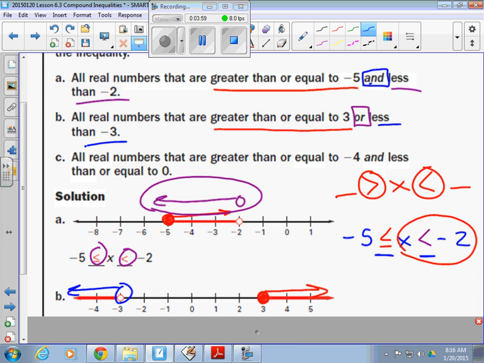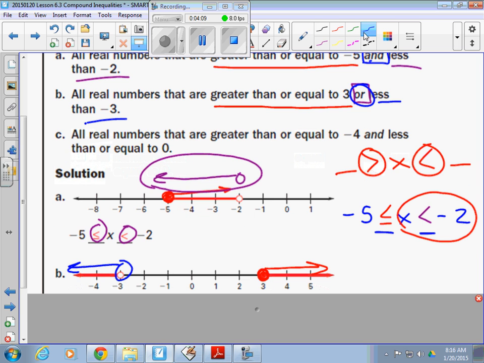These or inequalities usually are easier for most people to understand because you write them as two separate inequalities. They're real easy to write. So your first one is whatever this is, x is something 3 right here. Now we know that that is or equal to because it's colored in, and we know it's facing this direction. So that's your first one. Your other one is this one over here. I'll just draw a little arrow.